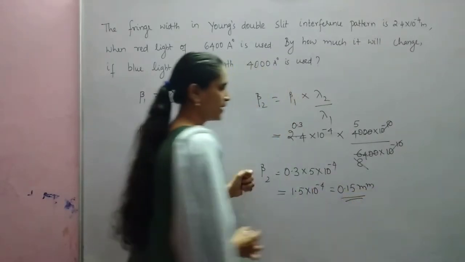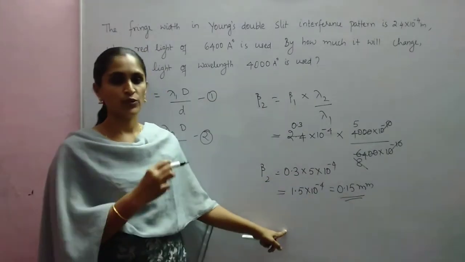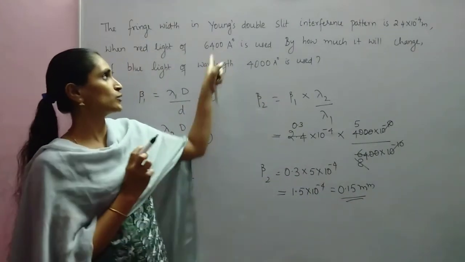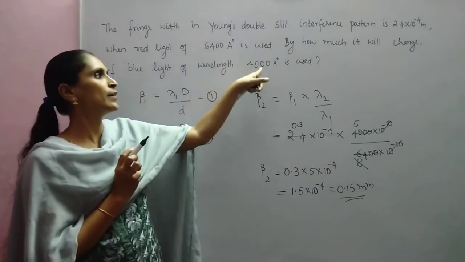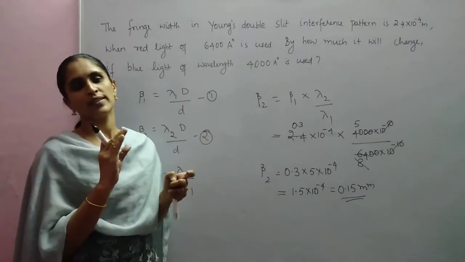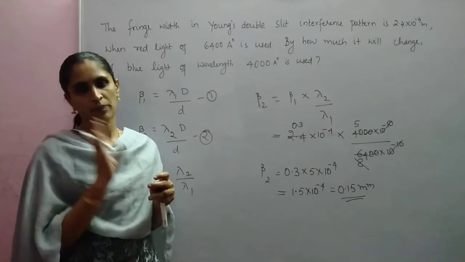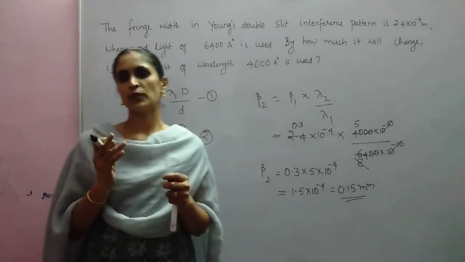So this is the 0.15 millimeter. This is the fringe width when we replace the 6400 angstrom light by 4000 angstrom light, keeping the distance between the slits and the slit and screen the same. Okay. Now we will proceed to the next problem.